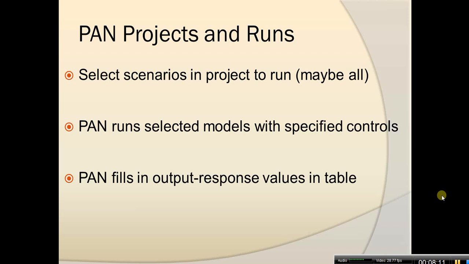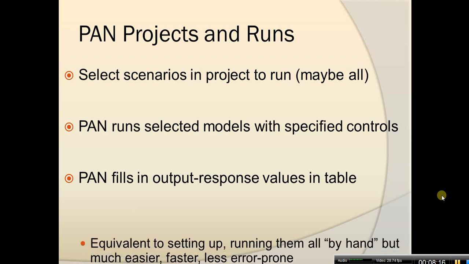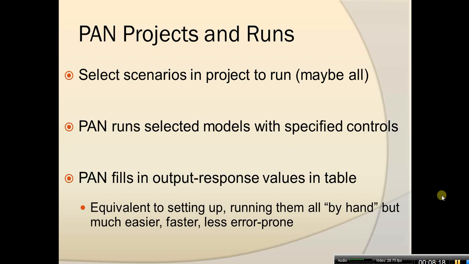And as it runs, it will fill out the output response values in the table, and I'll show you that. That's basically equivalent to setting up and running them all by hand, but it's much easier, faster, and less error prone.